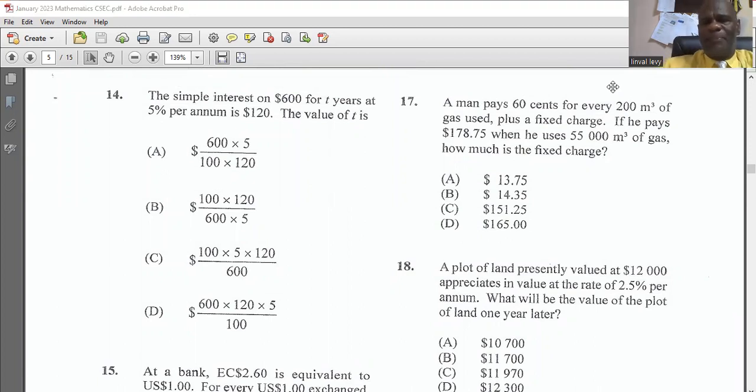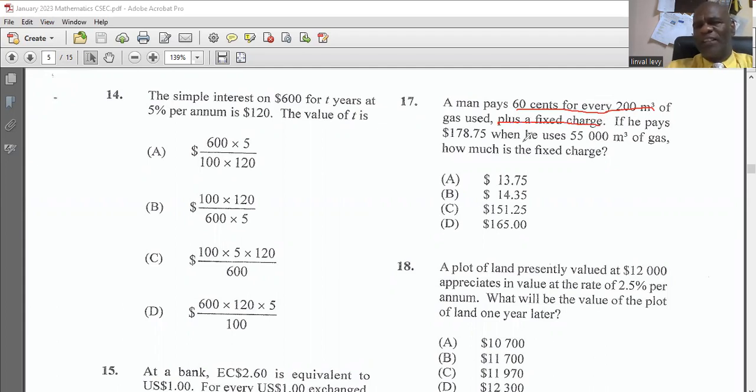Good. So a man pays 60 cents for every 200 meter cube of gas used. All right, so you pay 60 cents for every 200 meter cube of gas used plus a fixed charge. So, right, you get that? $0.60, underline that, cents for every 200 meter cube plus a fixed charge, right?